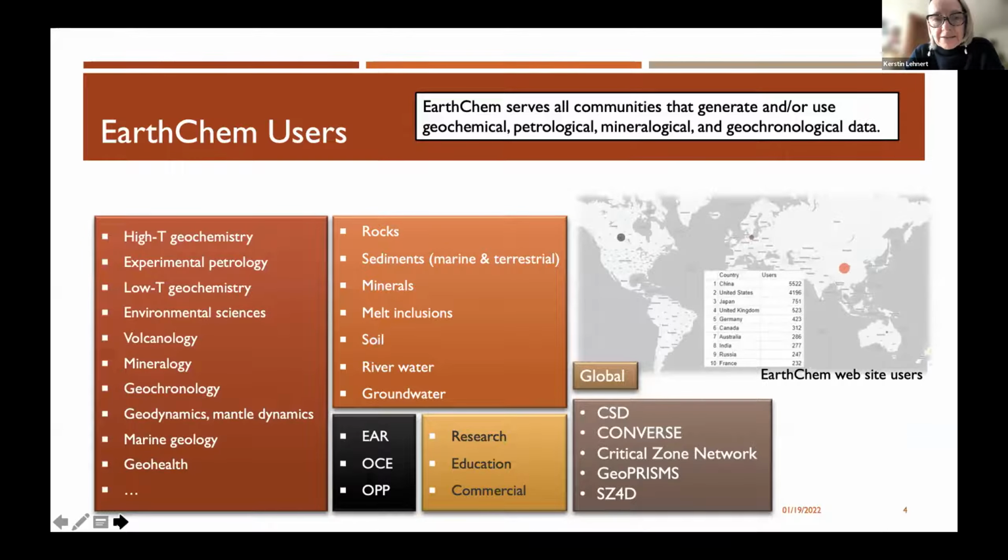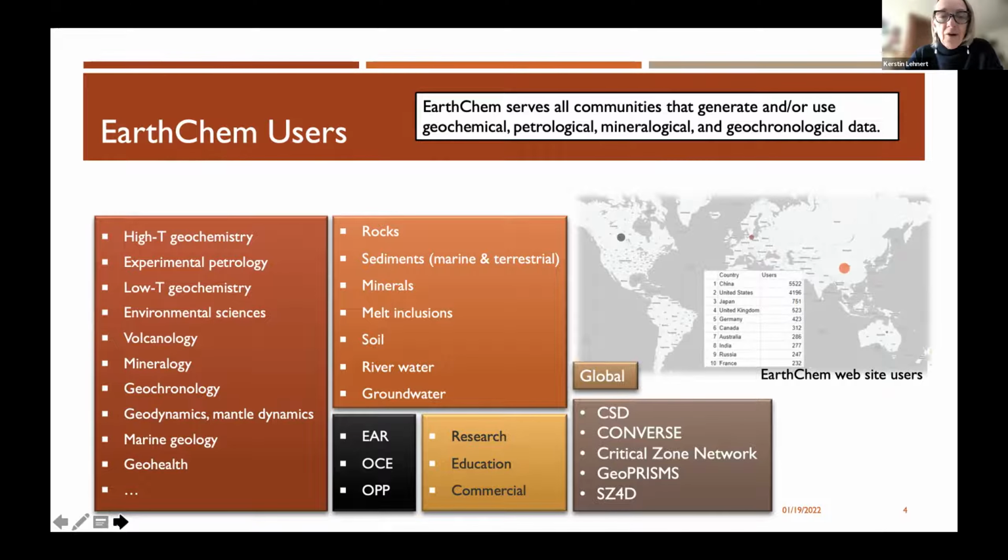EarthChem has a very broad community that uses it because it basically pertains to all communities that generate geochemical data. And, you know, as you well know, geochemical data can be generated on many different materials, from rocks and sediments to soils and water.